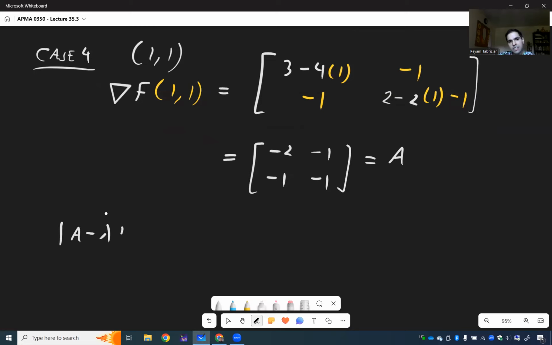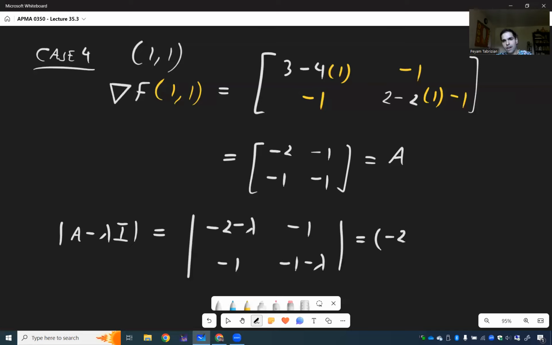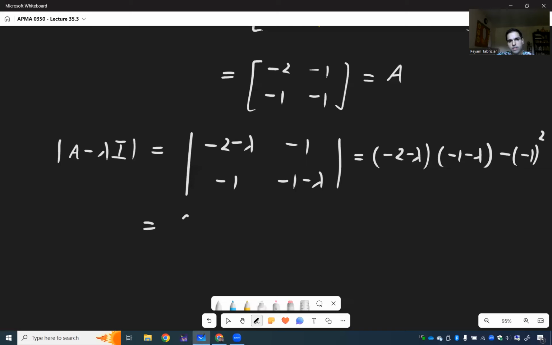So determinant of A minus lambda I, it's -2 minus lambda, -1, -1, -1 minus lambda. So (-2 minus lambda) times (-1 minus lambda) minus 1 squared. And so this is, I believe, 2 plus 2 lambda plus lambda squared plus 1.